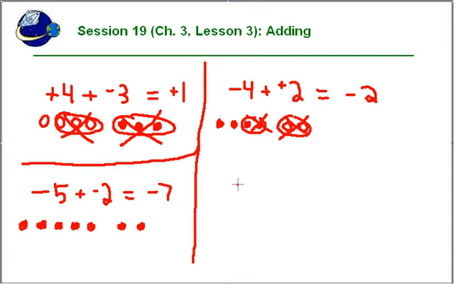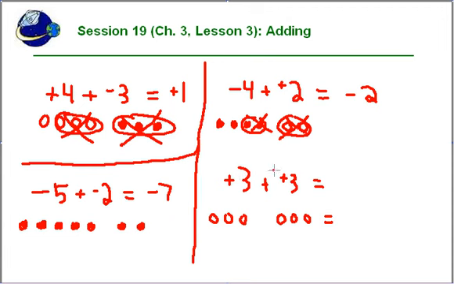Lastly, let's say you have a plus 3 and you're adding to it another plus 3. What does that equal? Using our illustration, a positive 3 is represented by 3 particles. And what are you adding to it? You're adding positive 3, which is 3 more particles.